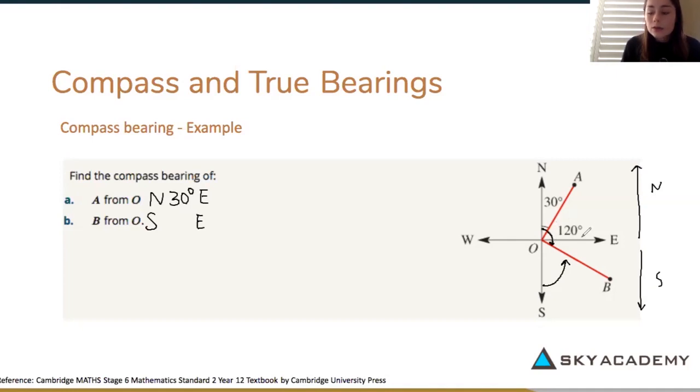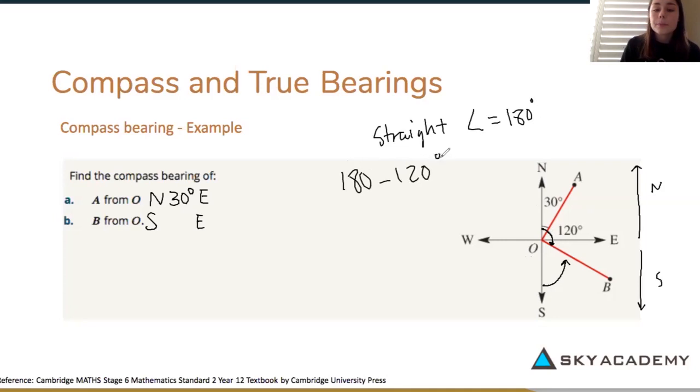And to do that, I know that this value here, indicated by this line here, is 120. And I know that from north to south it's 180, because a straight angle equals 180. North to south is flat, it's straight, so it equals 180. I can do 180 minus 120 to give me 60 degrees.